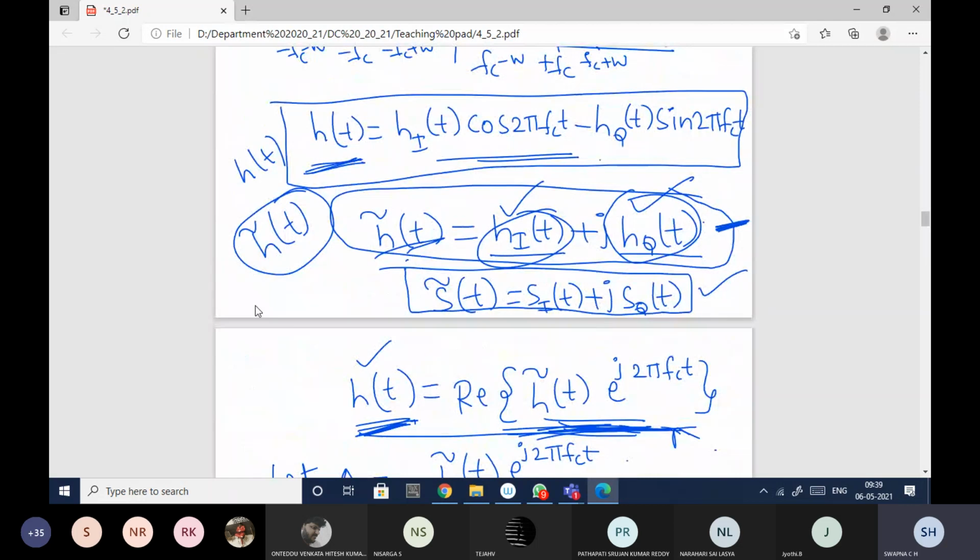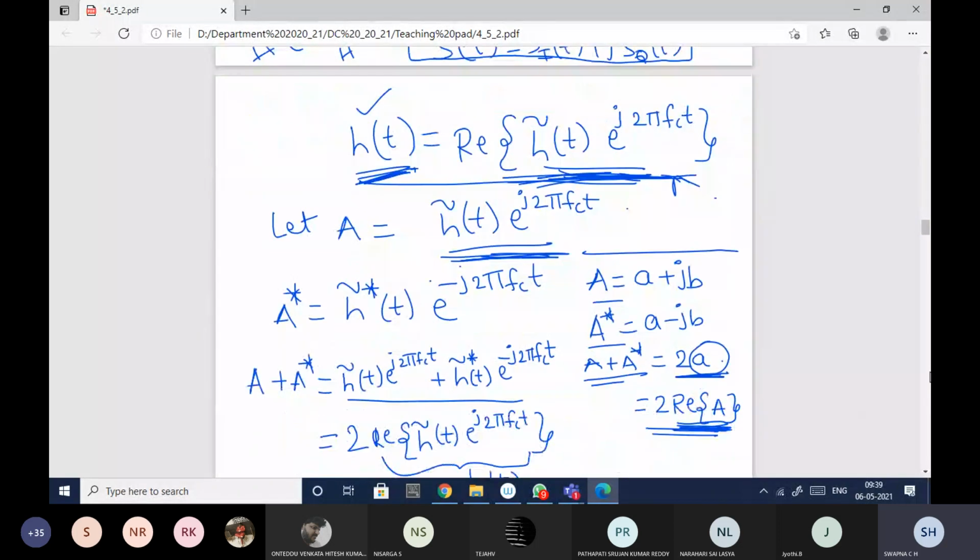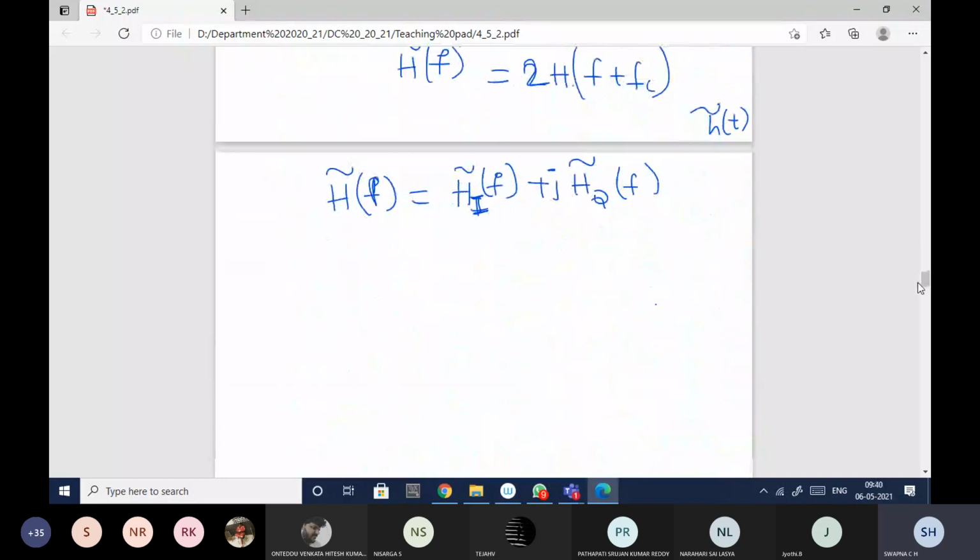In the frequency domain, for H tilde of t it will be H tilde of f, and for h_I of t it will be the corresponding in-phase term. Okay, fine, here this is for H tilde of t.